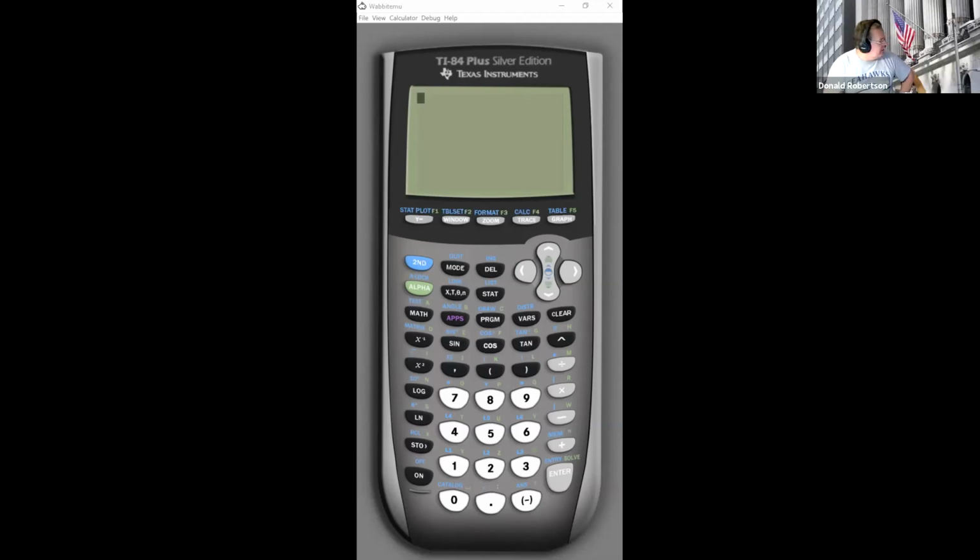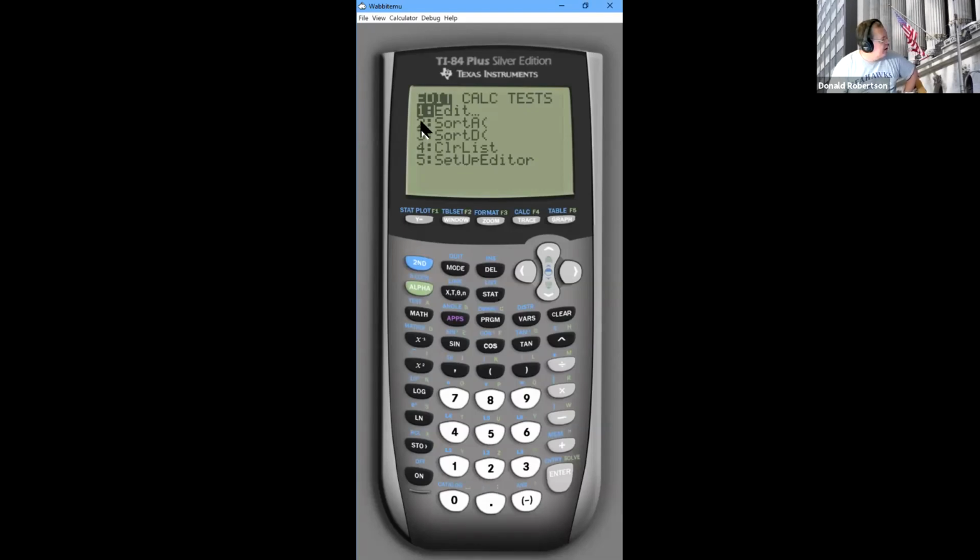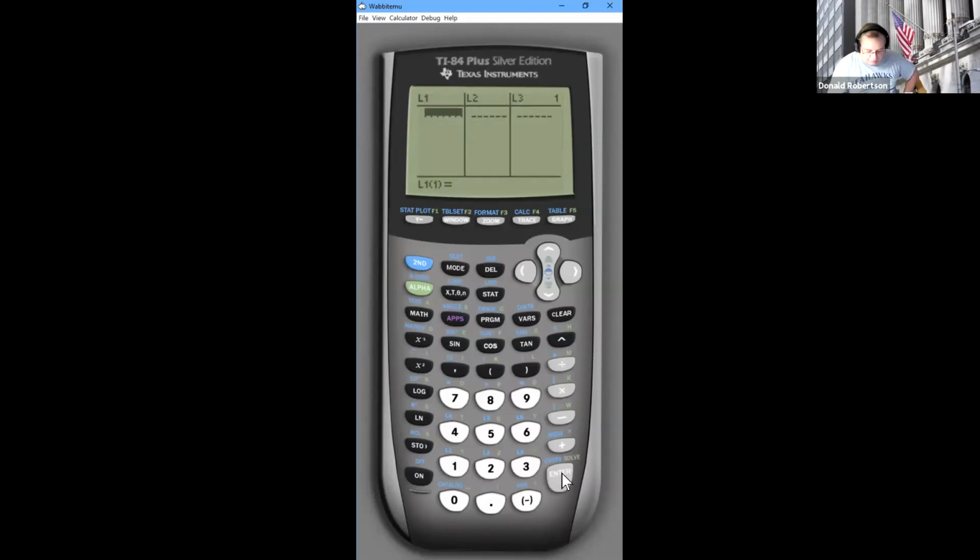So you got your calculator. The first thing the calculator needs is your data, those 8 numbers. You have to put them into the calculator in some way. So you hit the start button, where my little mouse pointer is. Option 1 says edit. You hit enter, and then you just type in your numbers in any order.